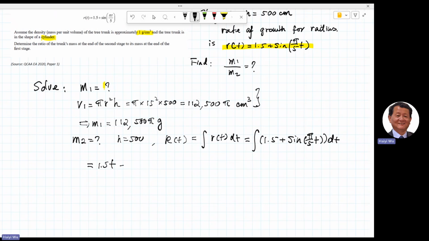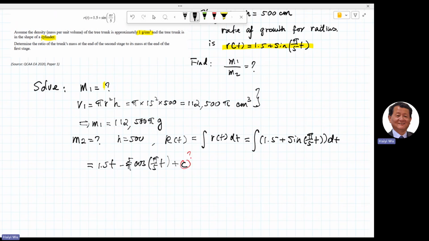Now sine integrated becomes negative cosine, but instead of pi, we need 5 over pi. So sine becomes negative 5 over pi cosine pi over 5t plus c. That's my formula, but we need to decide what c is. So here's the question mark. C, what is c?